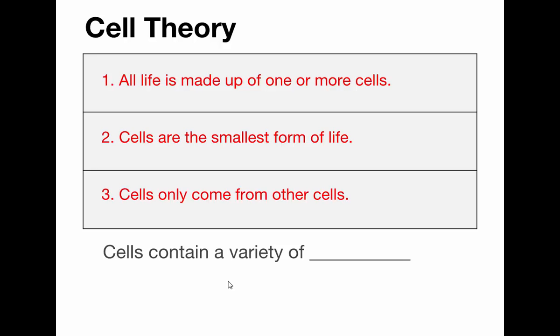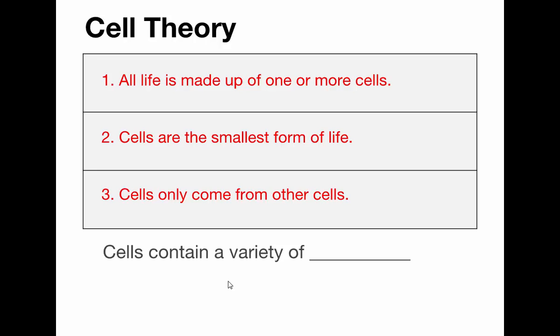Cells come from other cells. Cells can reproduce, making new cells. So we call these concepts put together the cell theory. And what we're going to be talking about for the rest of today is some more specifics.